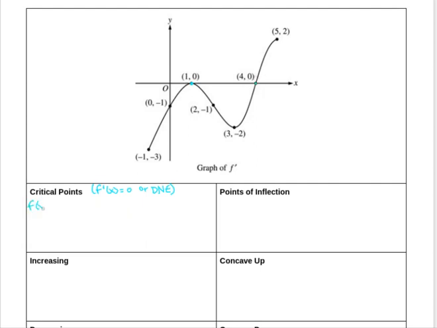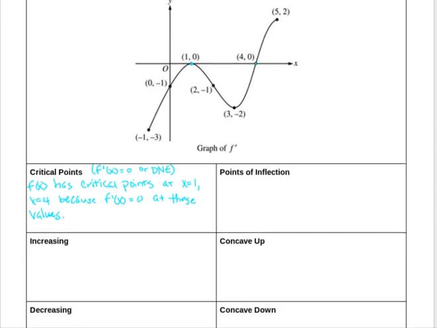So I would say f of x has critical points at x equals 1 and x equals 4 because f prime of x is equal to 0 at these values. And remember, you have to have that justification.